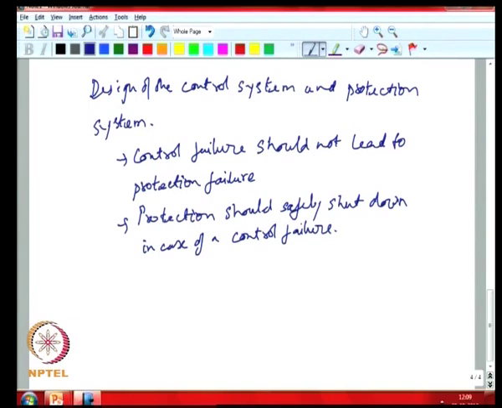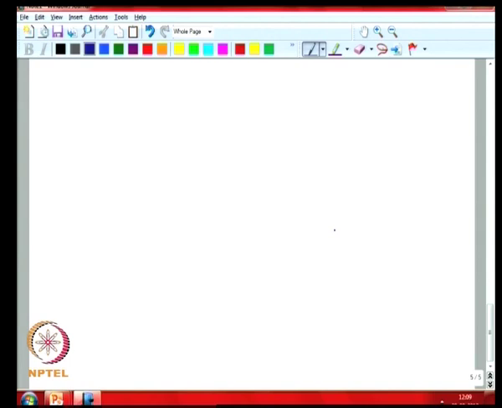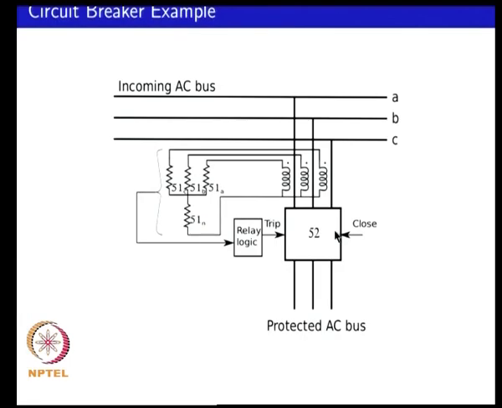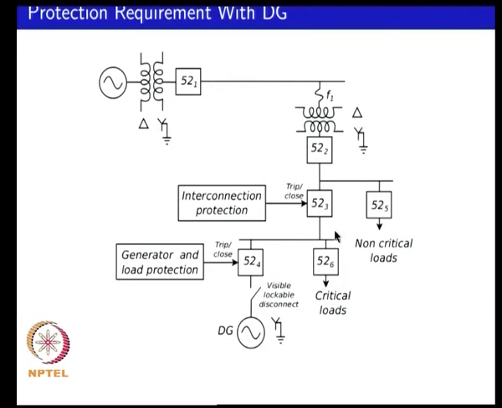And if you look at a typical high power DG interconnection, you would have separate protection systems for the DG, separate protection for the interconnection, and separate control for your DG equipment.